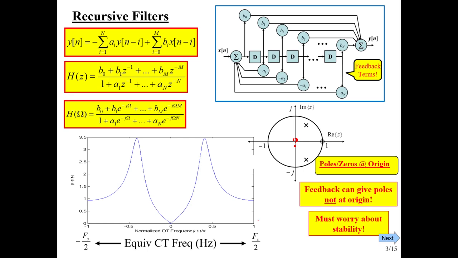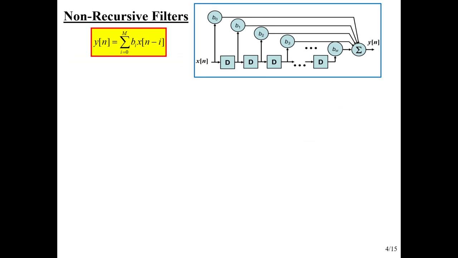So remember, this is really pi on the omega axis, and pi maps to fs over 2, and minus pi maps to minus fs over 2. And then once you know that, you know where everything else maps. So for example, pi over 2 would map here to fs over 4. So that's the idea. You should be able to look at the pole zero diagram and get a rough idea, at least for a simple one, what that frequency response looks like.